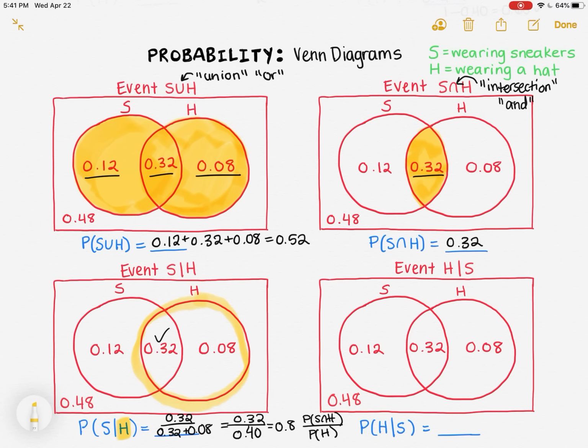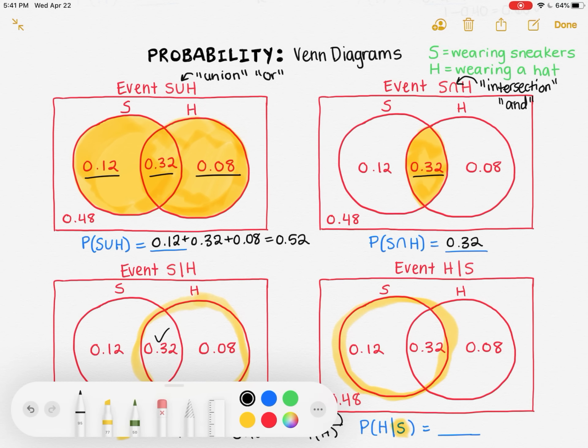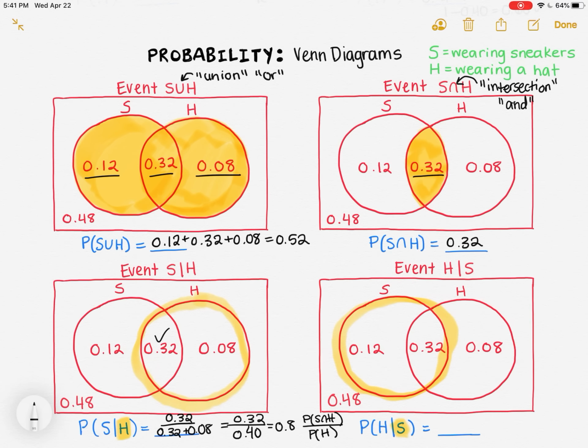So if I'm looking for the probability of H given S, that means the probability of wearing a hat given you're wearing sneakers. So this time our given event is S. So I'm going to circle the numbers that are just a part of the event S. Now I need to check the portion of these numbers that is the probability of just wearing a hat within wearing sneakers.